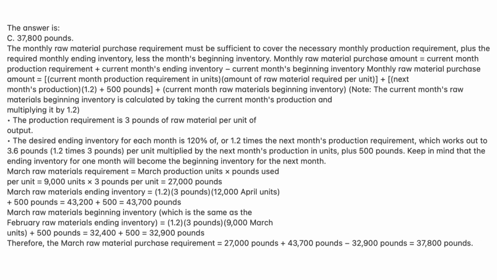March raw materials beginning inventory, which is the same as the February ending inventory, equals 1.2 times 3 pounds times 9,000 March units, plus 500 pounds, equals 32,400 plus 500, which is 32,900 pounds. Therefore, the March raw material purchase requirement equals 27,000 pounds plus 43,700 pounds minus 32,900 pounds, equals 37,800 pounds.